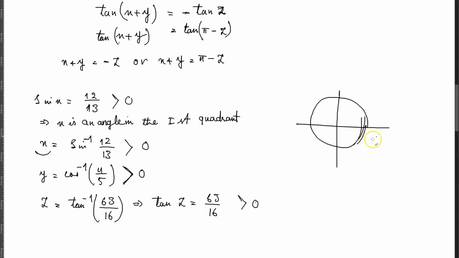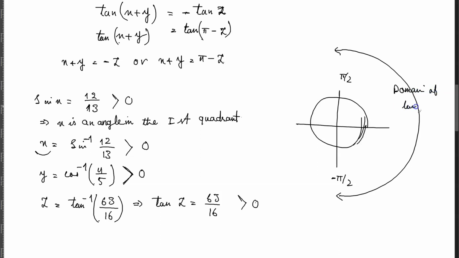Now we restricted the domain of the tan function to negative pi by 2 to pi by 2. So this is the domain of the tan function. If my angle is somewhere down here in the fourth quadrant, sine is negative and cos is positive, so tan is negative.